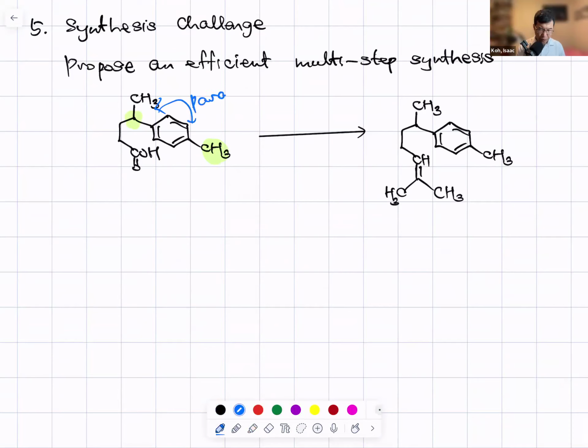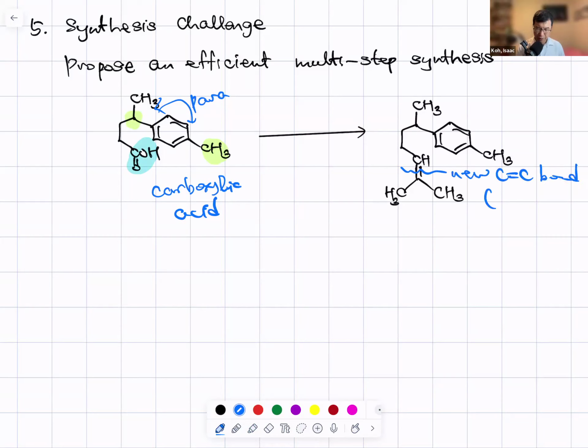Para position to each other, and we have carboxylic acid at the end. And now let's see the product. In the product, we have a new carbon-carbon bond right there. This is the new carbon-carbon double bond.